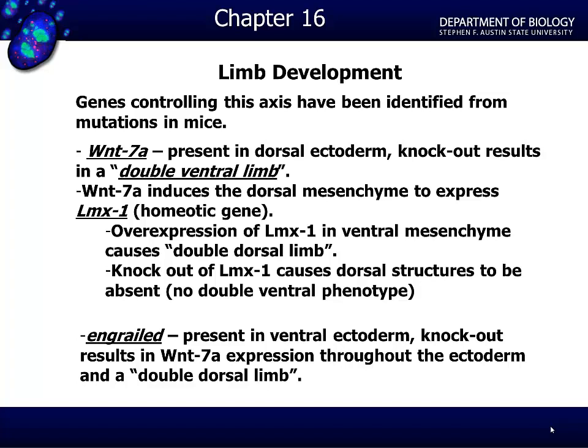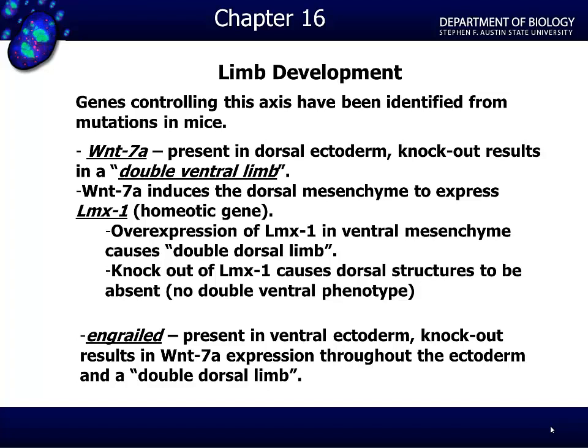If we knock out LMX1, it causes our dorsal structures to be absent. So dorsalization doesn't happen when we knock out LMX1, and that's what we would expect. However, no double ventral phenotype occurs. So you don't get dorsal and you don't get ventral. You get something in between, and I've never seen a picture of what this in between looks like, but you don't get a double ventral.